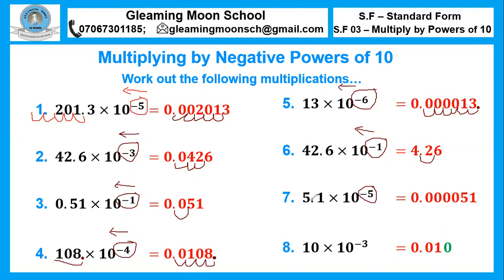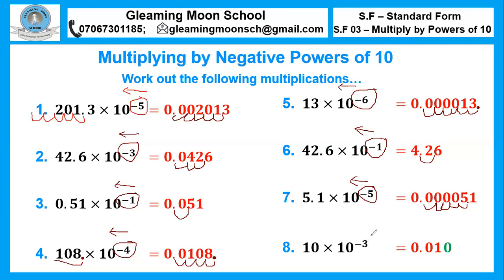And your original decimal point is between 5 and 1 here, okay? And you are moving it how many times to the left? You're moving it 5 times to the left. So you're gonna go 1, 2, 3, 4, and 5, okay?